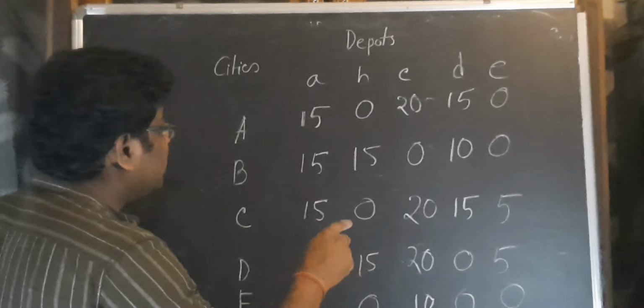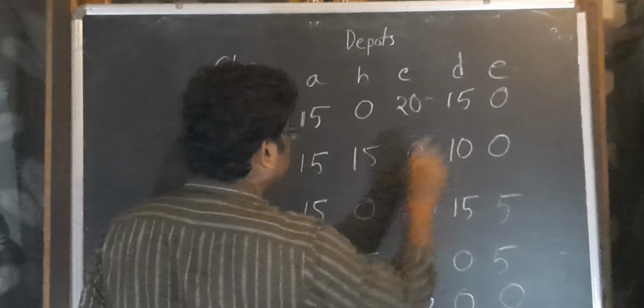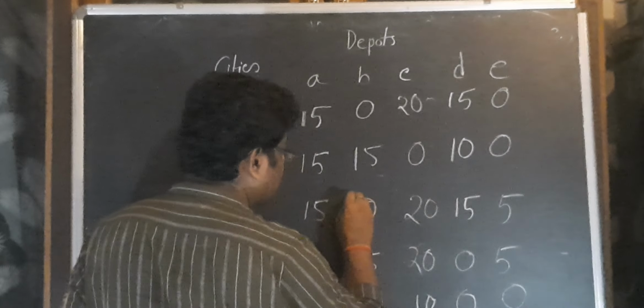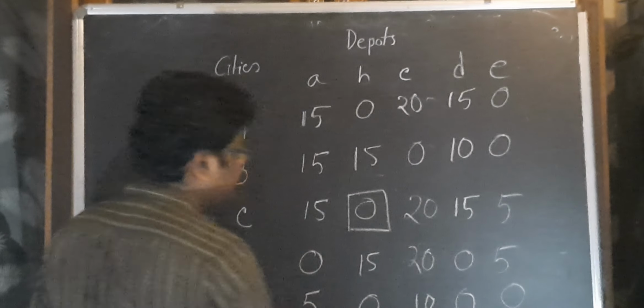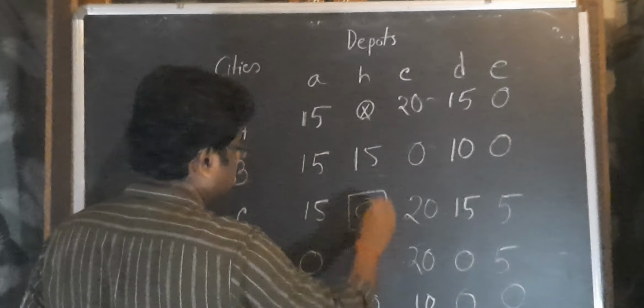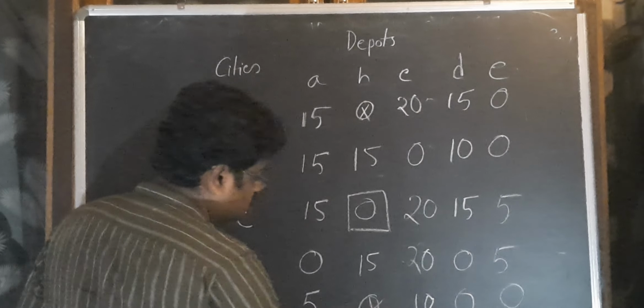Here are 2 zeros, 2 zeros, and 1 zero. So we make a box here, and we cross this column.